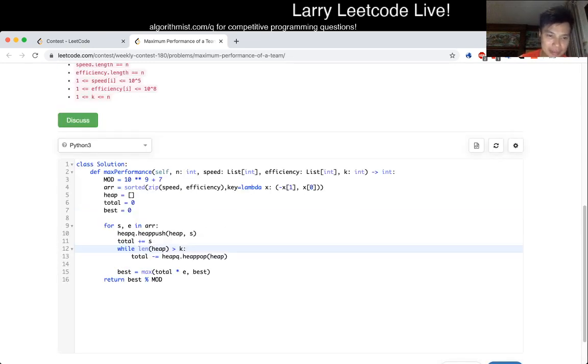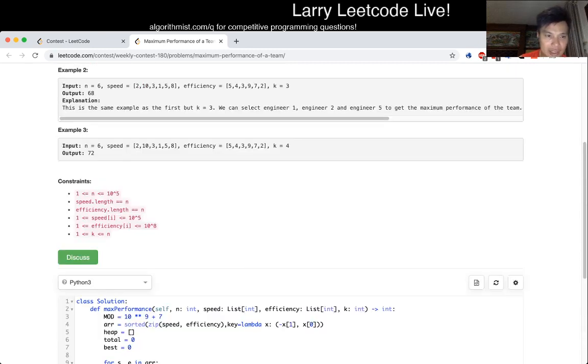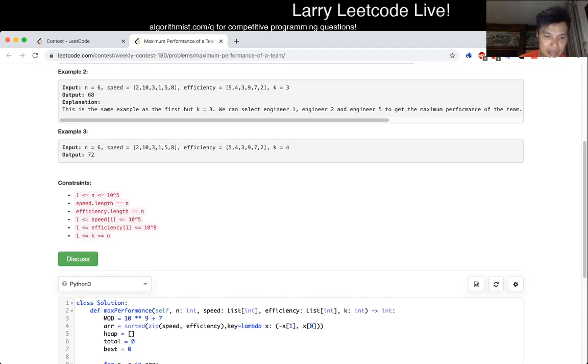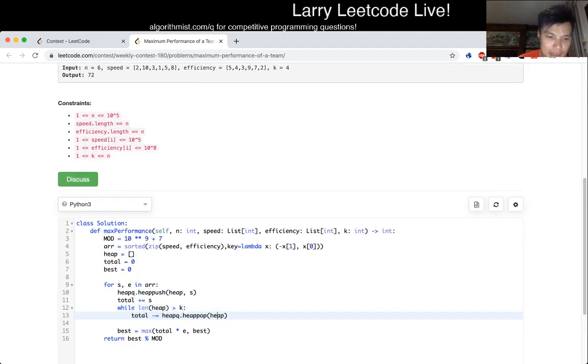I did this as a little bit of an efficiency thing, because I was like, maybe you need to sum this every time to get the total. But you already know what you're putting in and what you're putting out.